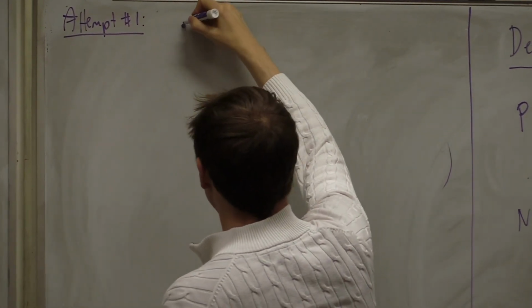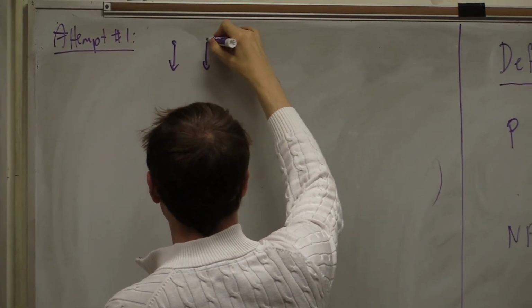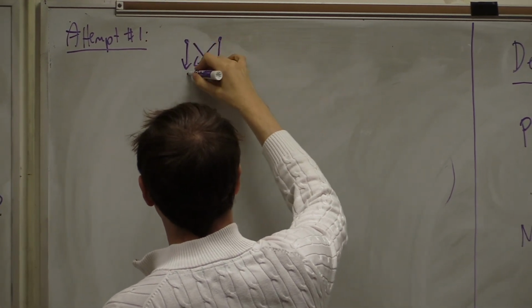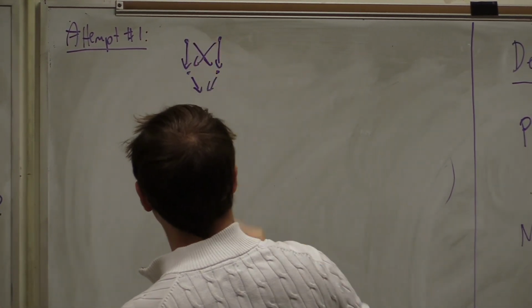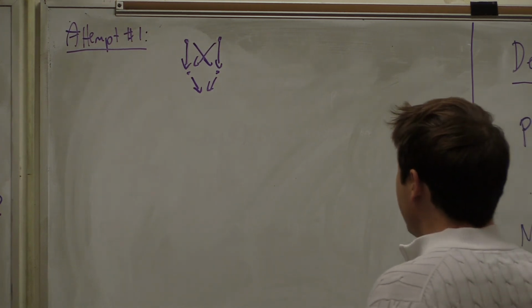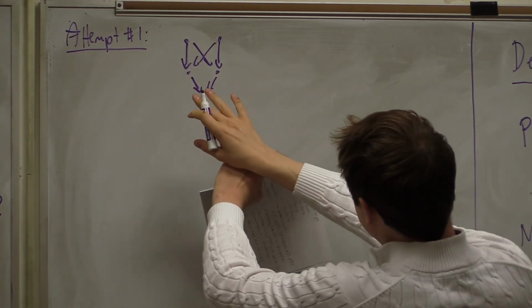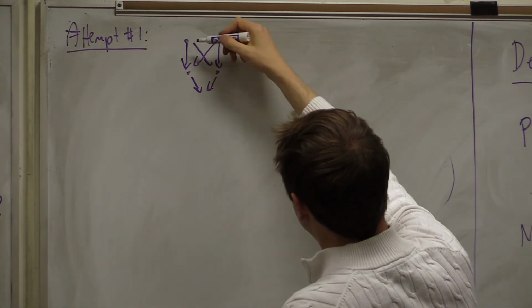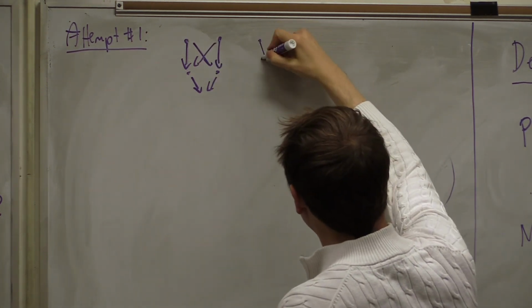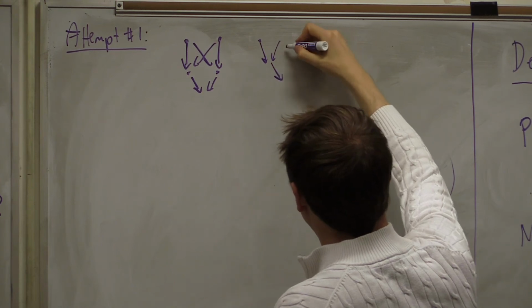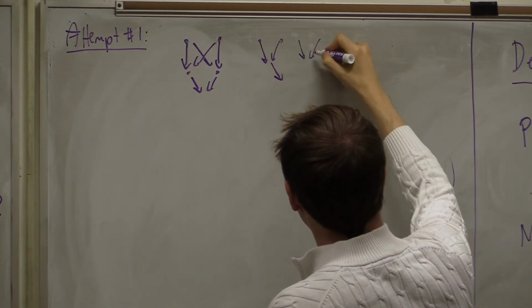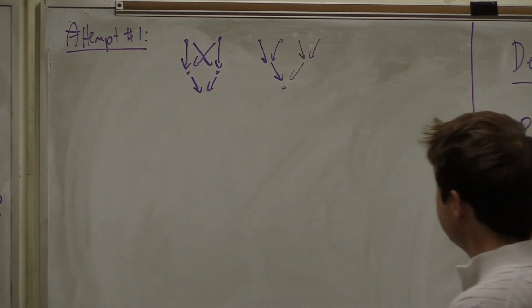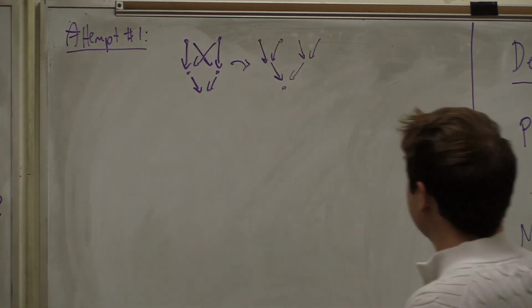Say that your DAG for the circuit looks like this. It's definitely not a formula. One attempt would be to take this and directly turn it into a tree. So I'm going to duplicate it into something like this. Okay, so I can do this transformation.